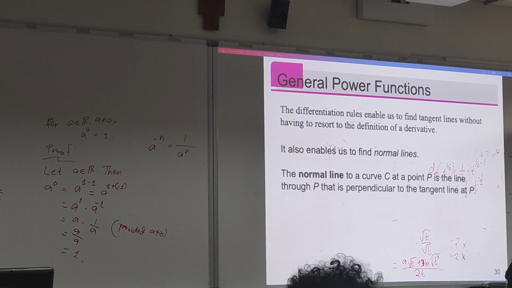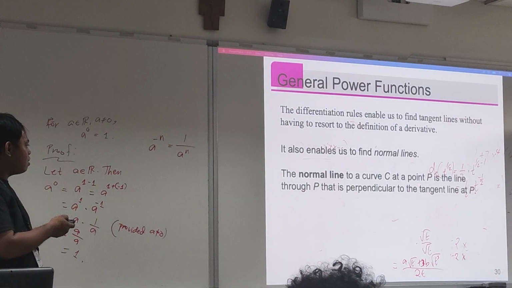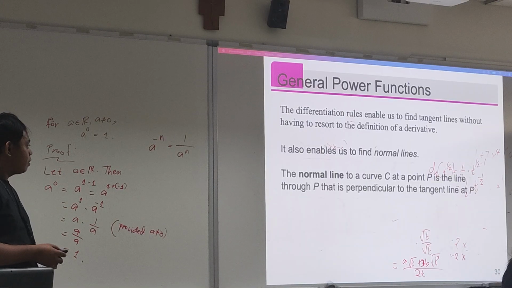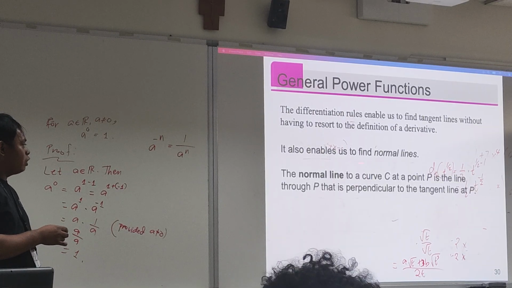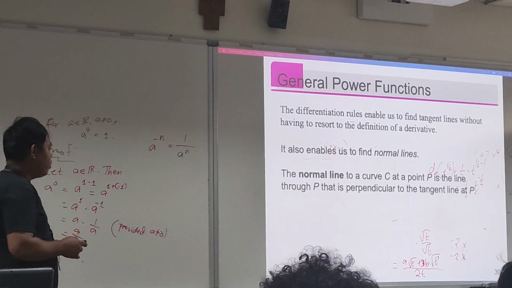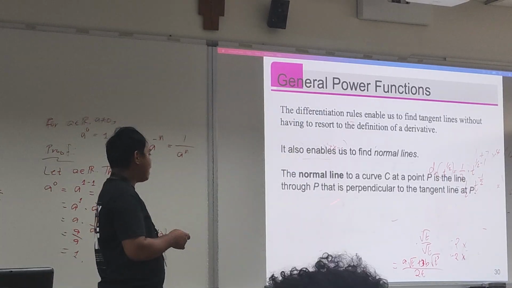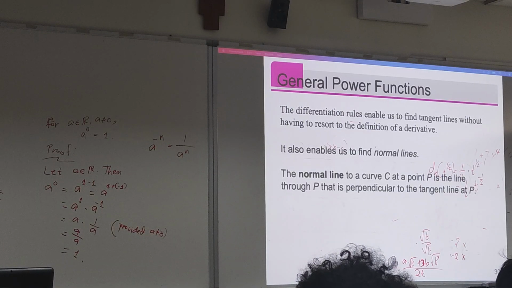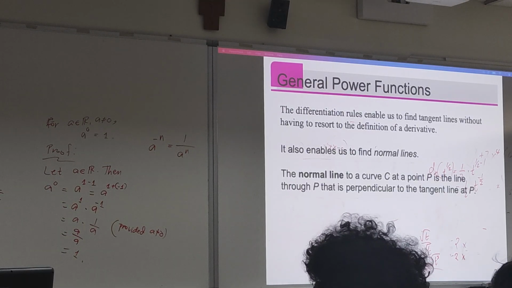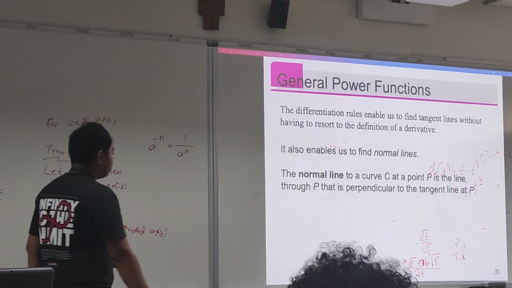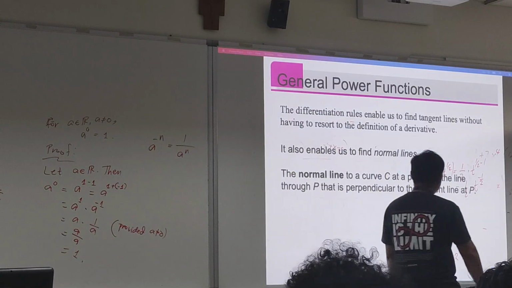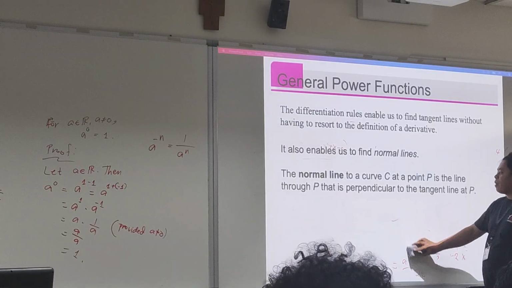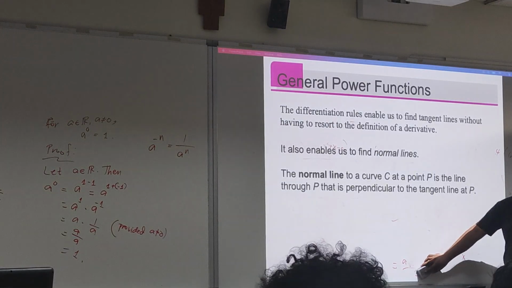Okay, the differentiation rules enable us to find the tangent without having to resort to the definition of the derivative. Okay, it enables us to find the normal lines. The normal line to a curve C at point P is the line through P that is perpendicular to the tangent line at P. So what do you mean perpendicular to the tangent line?